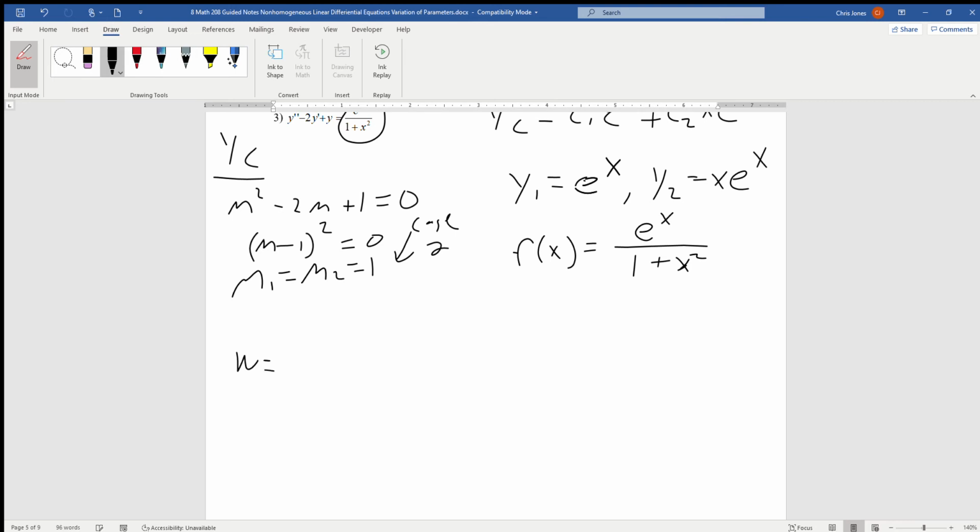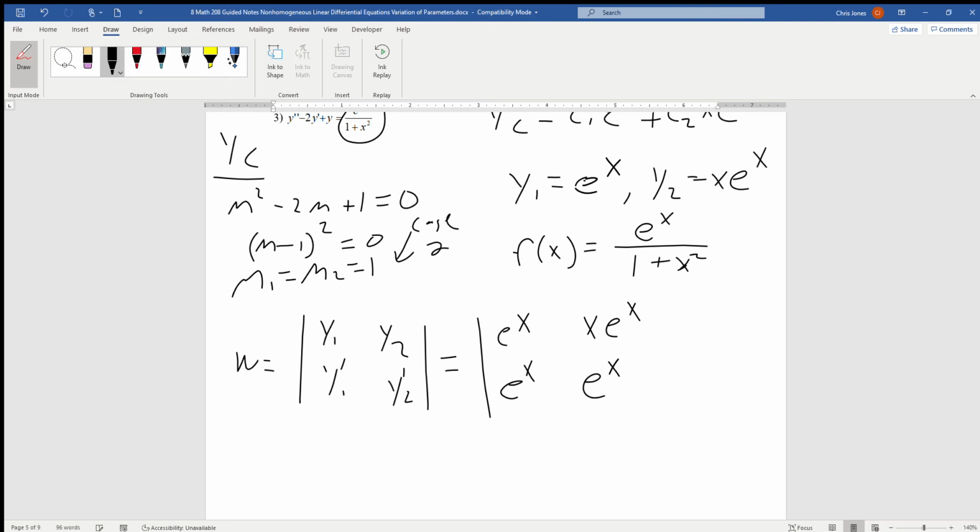All right, let's start finding w. Remember, w is the determinant of y1, y1', y2, y2'. y1 is e^x, derivative of e^x as basic as it gets. y2 is x e^x, using our product rule of derivatives, e^x + x e^x.